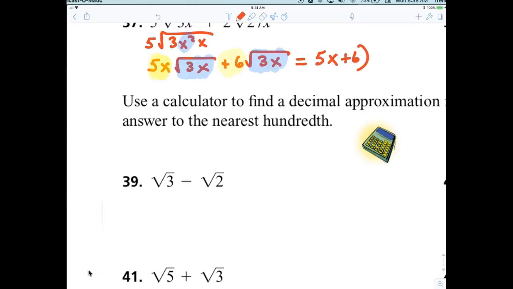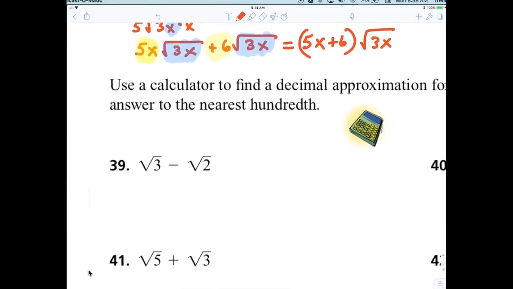Now that has to be in parentheses. You have 5x plus 6, what? Radical 3x. All right, so believe it or not, you just did a factoring problem. But again, hopefully you understand that you can't add 5x plus 6. Now, the reason why you need parentheses is because it's not 6 radical 3x.